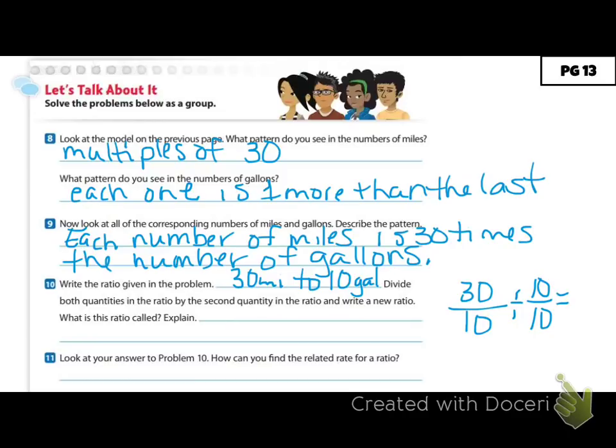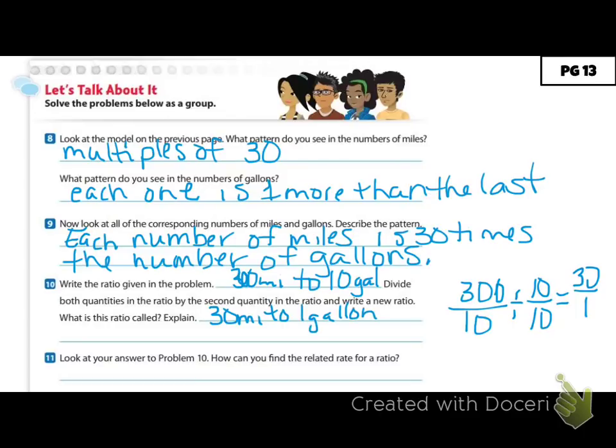So this should be 300 miles and 300 here. Sorry about that. So now we have 300 divided by 10, which is 30, and 10 divided by 10 is 1. So we are writing the new ratio, which would be 30 miles to 1 gallon.